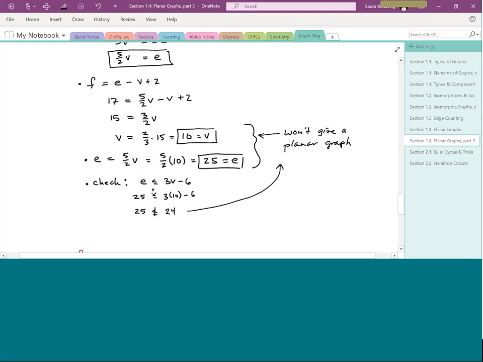So what does that tell us about our conclusion? Can we actually draw a connected planar graph with 10 vertices and 25 edges? Because remember, the question asks us to find the graph. Yeah, so the answer that you give is there isn't one, or properly, no such graph exists.